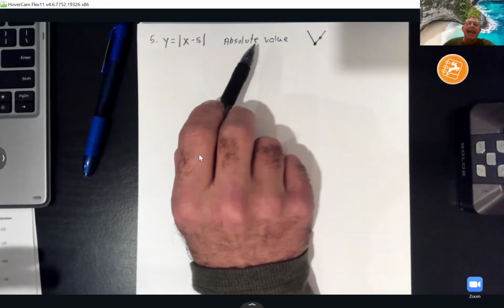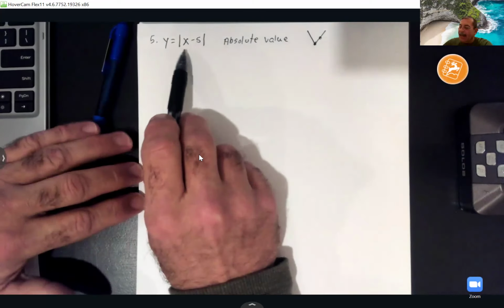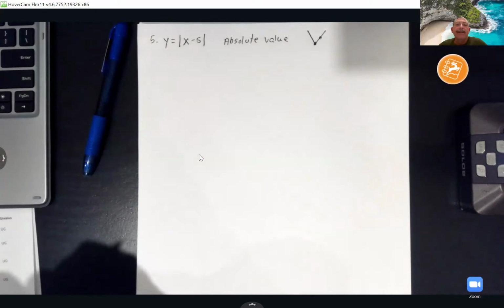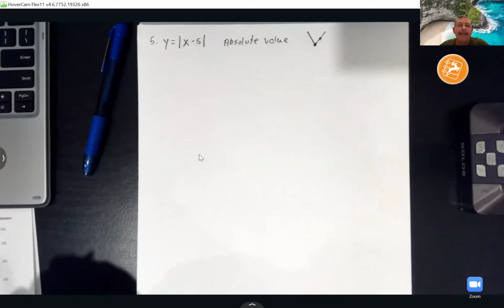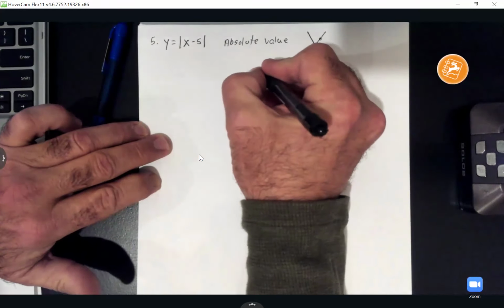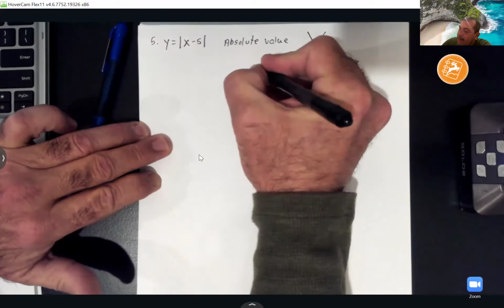But yes, this is the absolute value graph. And anything that comes out of these brackets is a positive, right? Okay. So let me give you all a little bit about absolute value.